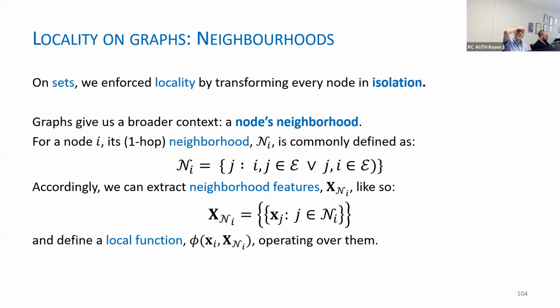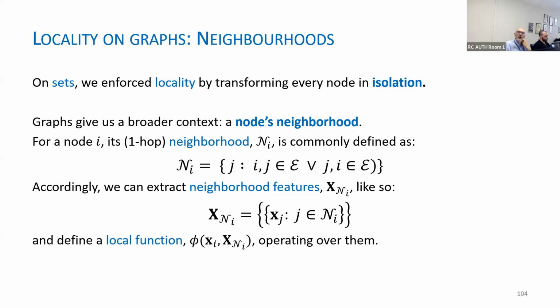Normally the neighborhood is represented by the first ring, or the one-hop. So basically it is represented by the nodes that are directly connected with a given one, where there is an edge connecting. For example, if we consider the node i, the first ring, or one-hop, is represented by all the nodes j that are connected by an edge with the node i.